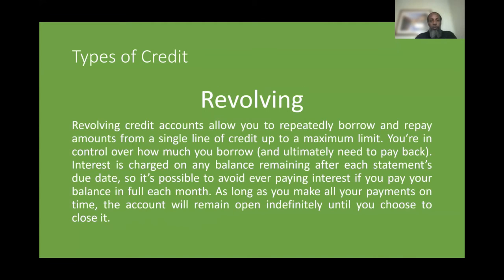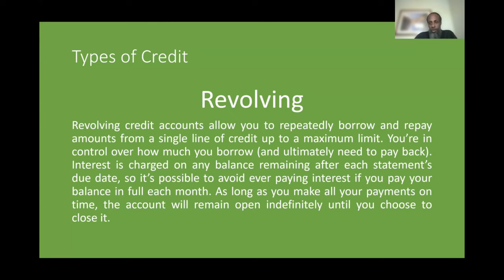Now, revolving credit accounts allow you to repeatedly borrow and repay amounts from a single line of credit up to a maximum limit. Okay. You're in control over how much you borrow and ultimately need to pay back. And that's extremely powerful. Interest is charged on any balance remaining after each statement's due date, so it's possible to avoid ever paying interest if you pay your balance in full each month.